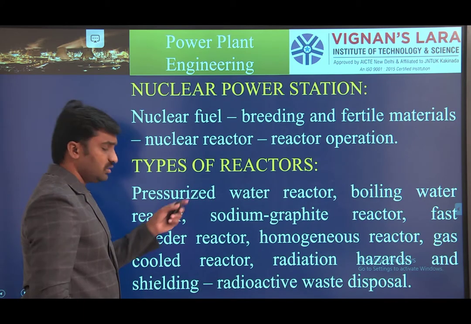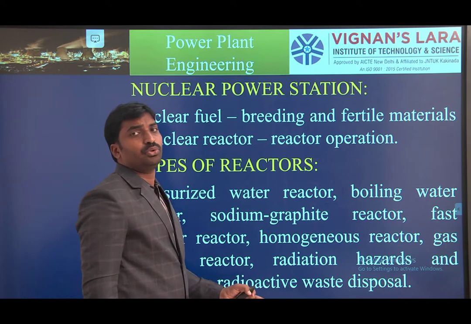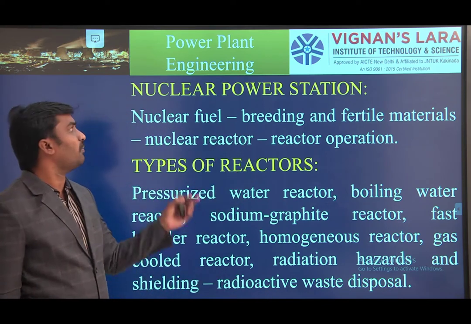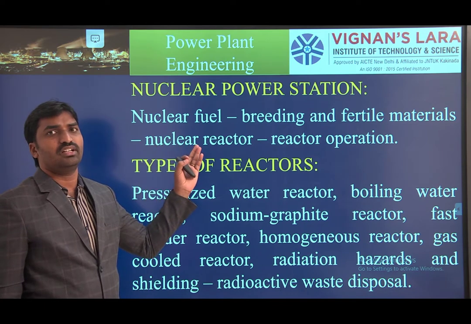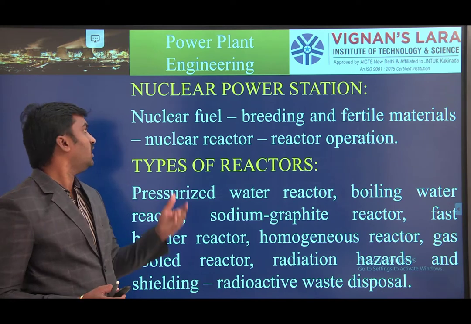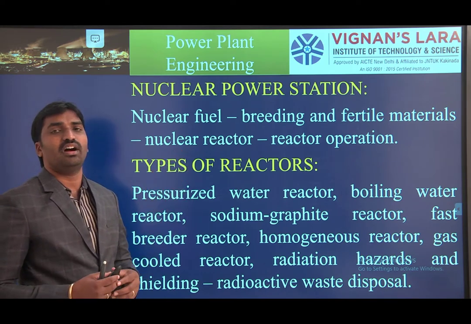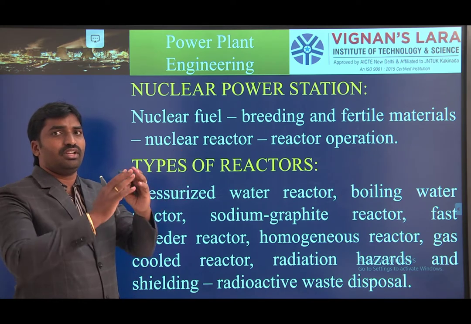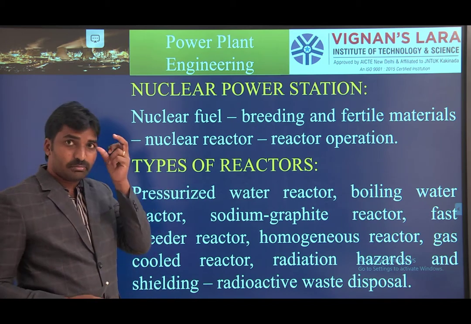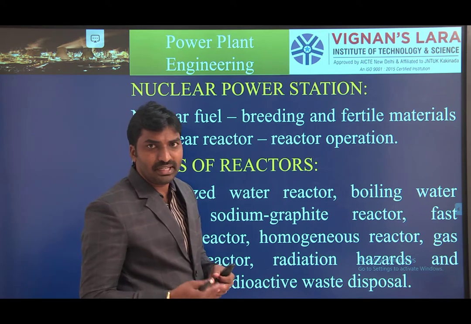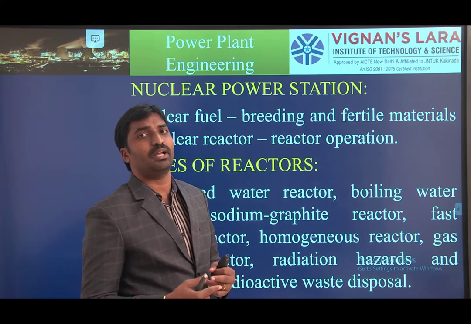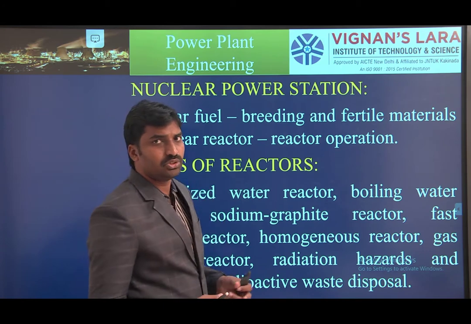The syllabus's fourth unit begins with nuclear power stations. In this topic, the first part covers nuclear fuel, breeding, fertile materials, nuclear reactors and nuclear operations. Here we will learn the basics: what is meant by fertile materials, what is meant by breeding, what the nuclear operation techniques are, and what the different types of reactors are.